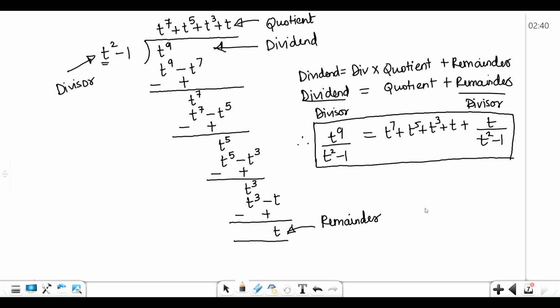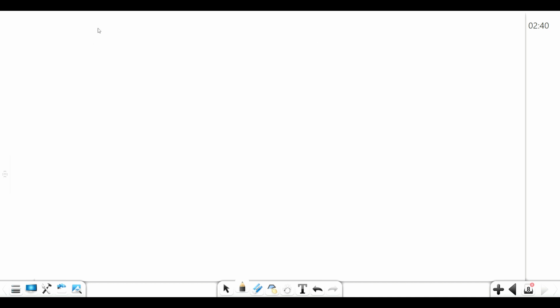Okay, so we'll take a new page. I can change your question now, which is nothing but the integral of t to the power 7 plus t to the power 5 plus t to the power 3 plus t plus t upon t square minus 1 dt, the whole dt.